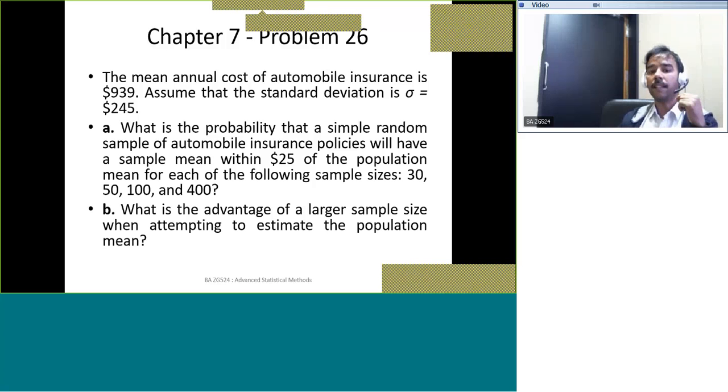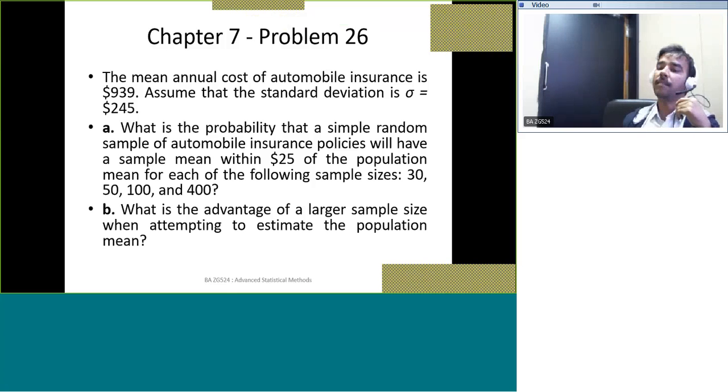Please remember that in this problem, you have mu is 939, sigma is 245. I have not told that the population is following normal. If the population is following normal, obviously the random variable X bar follows normal. But the population is not following normal. But the sample size is 30 or above, large.